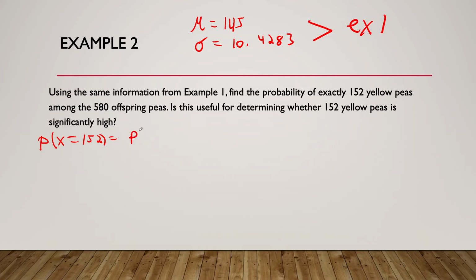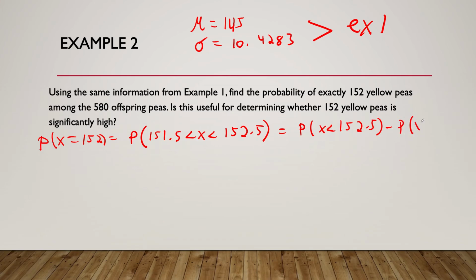For the normal approximation, we're finding the probability of being between 151.5 and 152.5. That's the same thing as the probability of x being less than 152.5 minus the probability of x being less than 151.5.